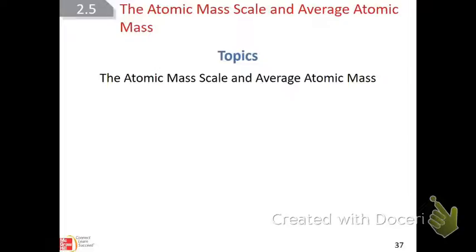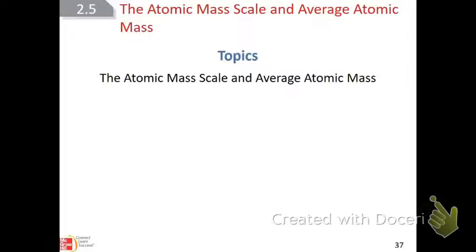What percent is hydrogen 2 or deuterium? And what percent is hydrogen 3, which is tritium? And then they calculated the mass of each of those and multiplied it times its percentage. And that's the number that they put on the periodic table as the average atomic mass.